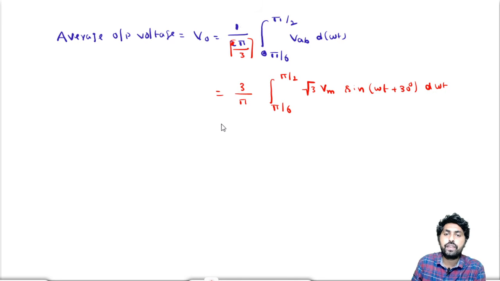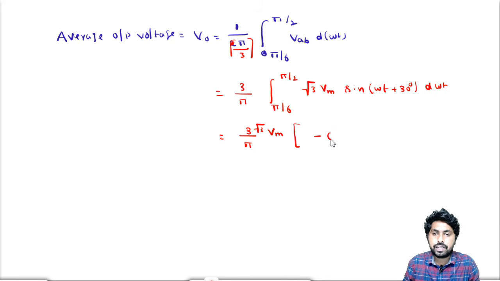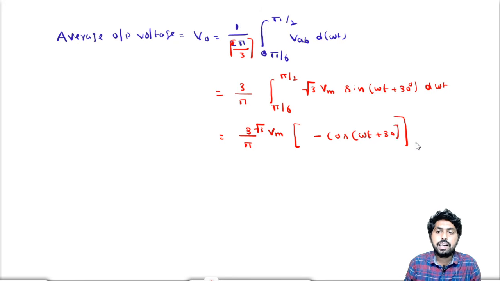Now let us find the output voltage. The average output voltage equals 3 root 3 Vm by pi into the integral of sine omega t plus 30 degrees, which is minus cos omega t plus 30 degrees, with limits 30 to 90 degrees.